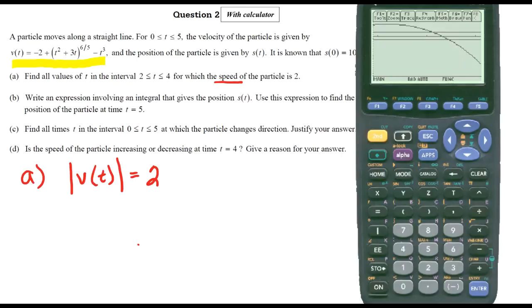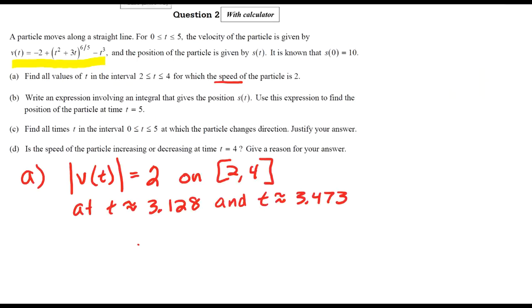So pause the video, do that for yourself, and then let's get them recorded. It's interesting to note here that we don't have any units either of distance or time. One thing we hadn't noticed here was we had an initial position, though, of 10. So let's remember that. That's going to come up at some point in the problem.